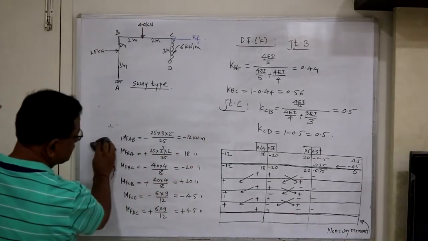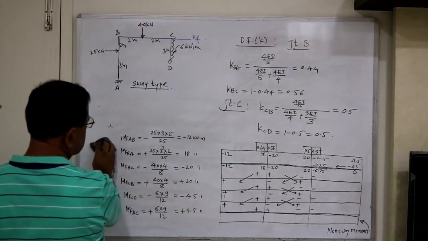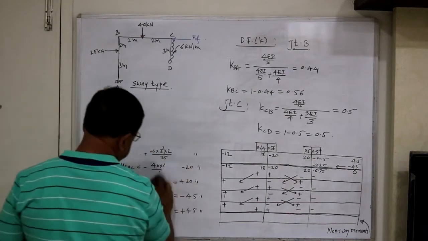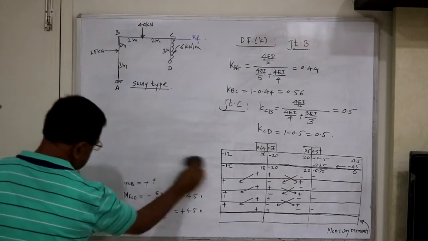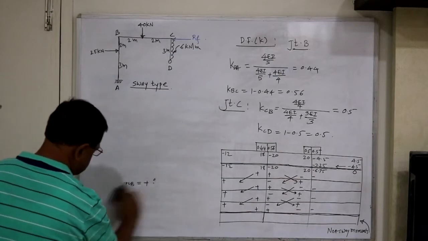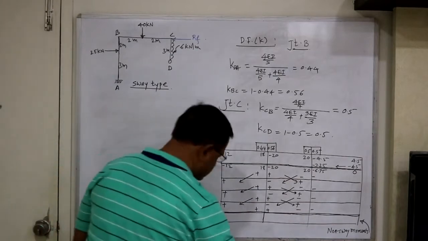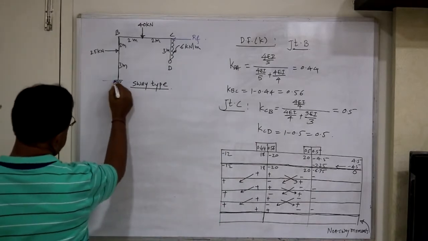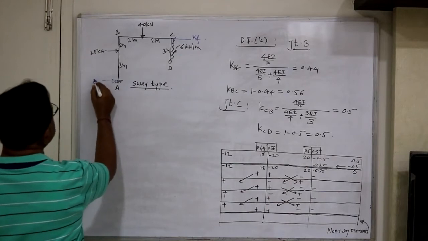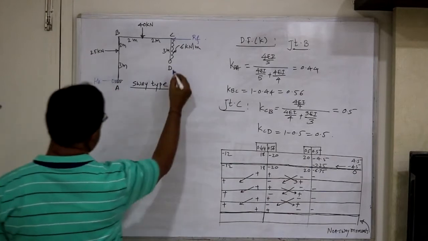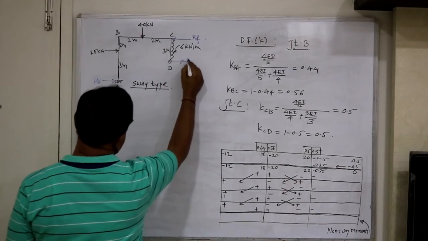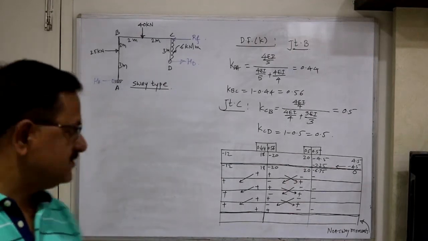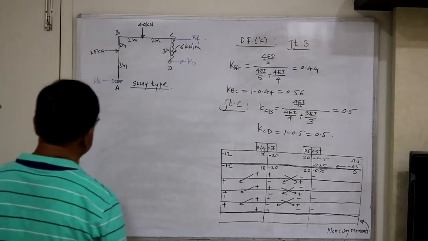So how to find out? Okay. Now this is non-sway analysis. So now to find out RF, we have to use summation Fx equal to 0 because RF is acting horizontally, total shear in column must be equal to 0 using this equilibrium condition.